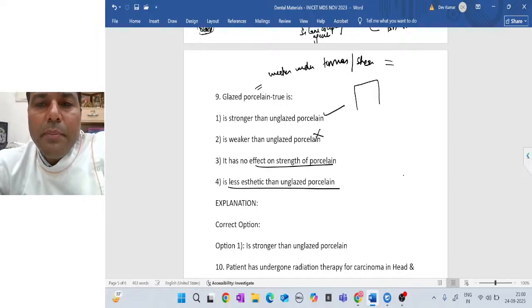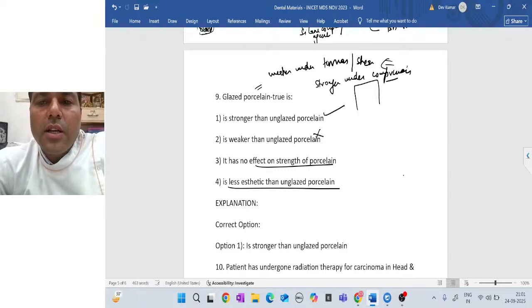It might break, but ceramic is always stronger under compression. Ceramic is always stronger under compression, remember this.